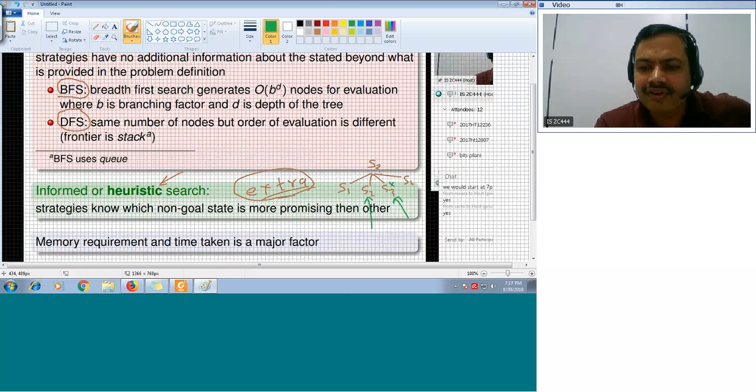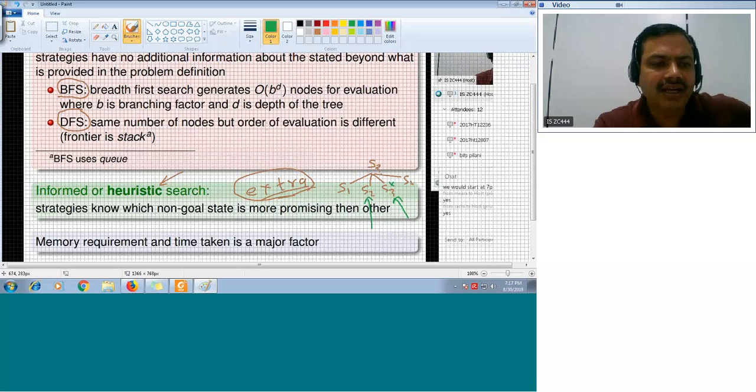But if no extra information is available, then what would you do? Ultimately, if you are in this state X and you have explored that there are 4 new states available, then which state are you going to test next? You may test S1, S2, S3, or S4. All these choices come by some procedures, and these procedures could be DFS.